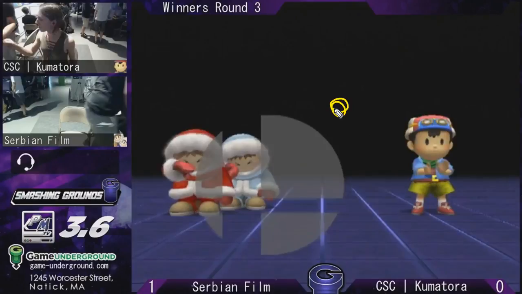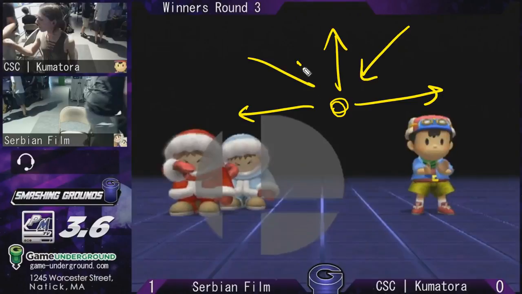Every character has horizontal things that they have to worry about, and above this angle, this whole area is like, my character is not built evenly around this. A character like Ice Climbers, this is very good, this is very bad, this is pretty good, this is very bad, this is pretty good.